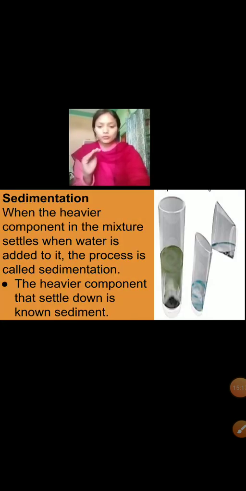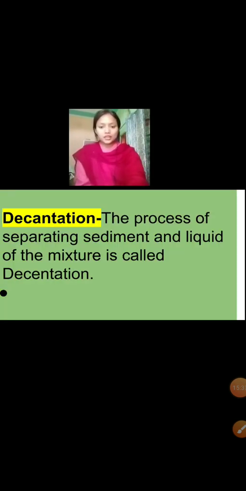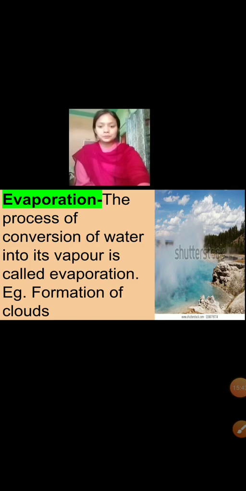Sedimentation means the heavier components will settle at the bottom of the water. When we put some substances in water, the heavier particles will deposit down and we can easily separate them using the process of decantation. So sedimentation and decantation are related to each other. Decantation is a part of sedimentation, we can say.